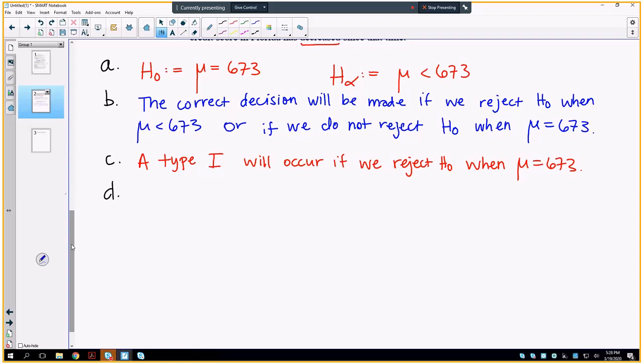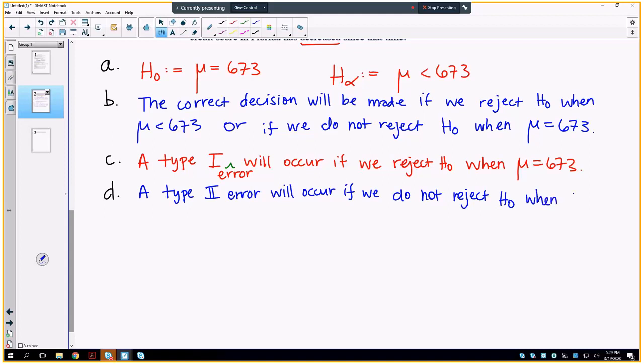A type 2 error will occur if we do not reject the null hypothesis when it's false. That's pretty straightforward.